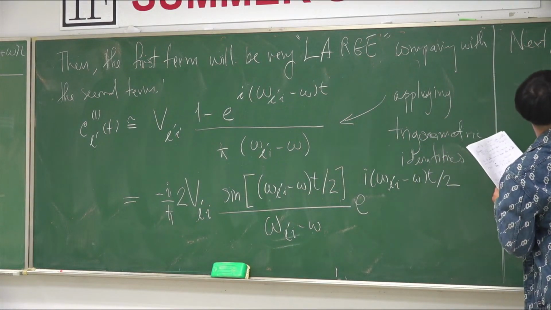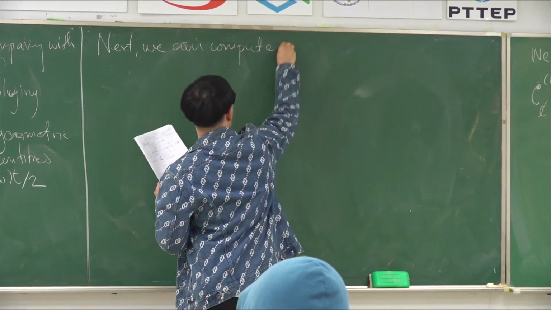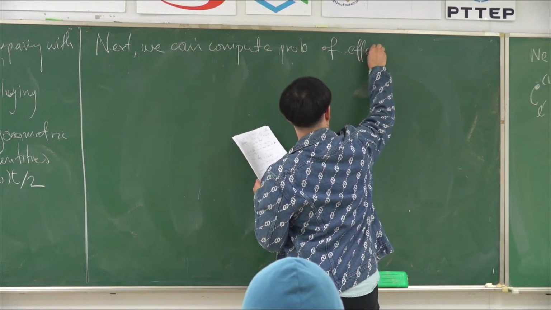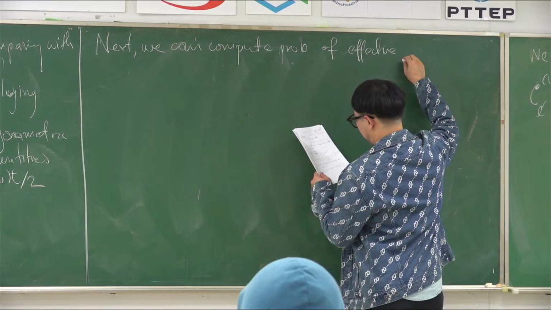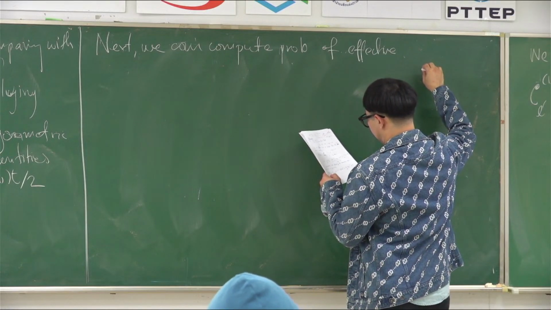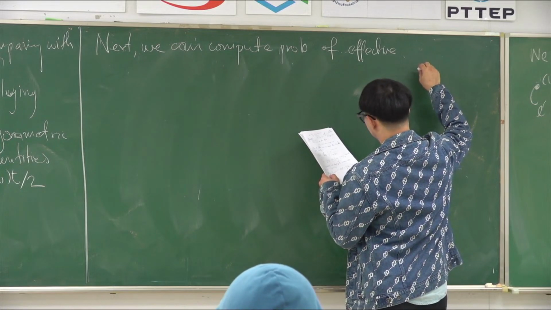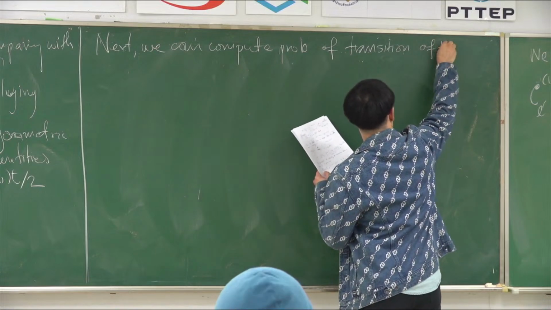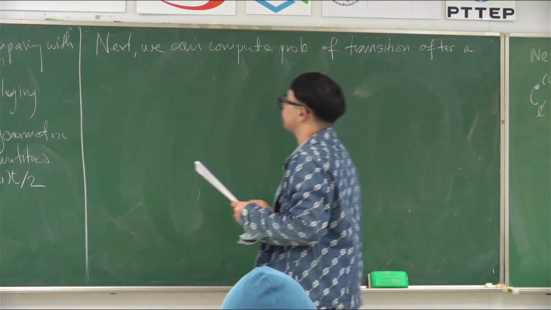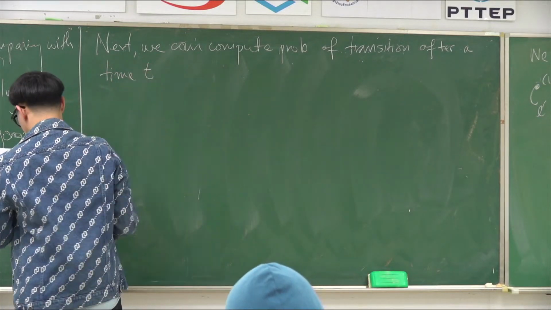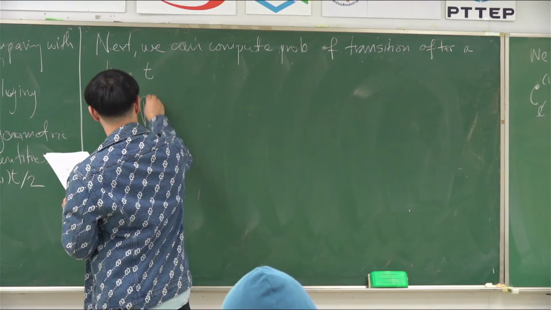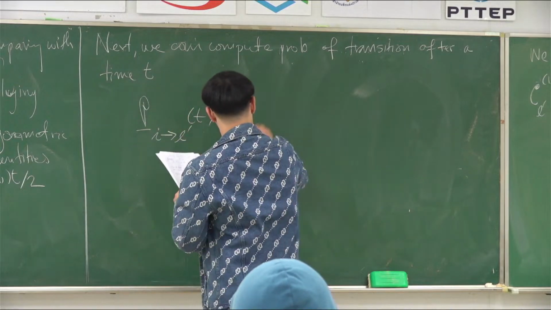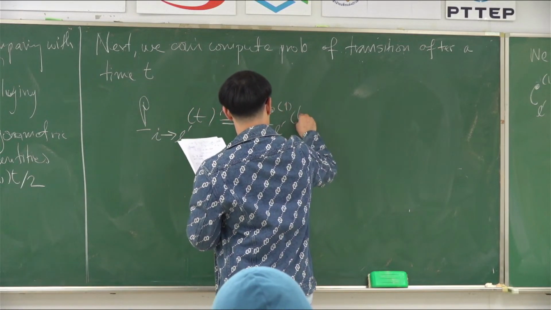Next, we can compute the probability of transition after time t, right, which is, right.